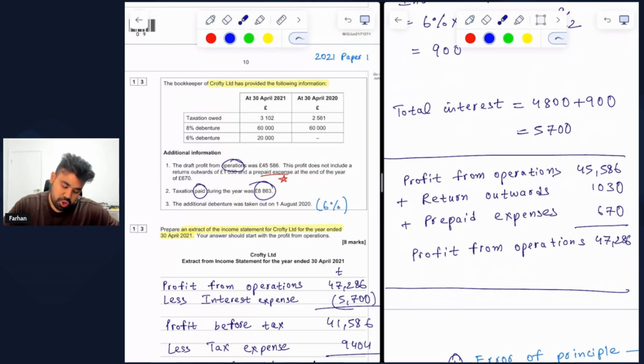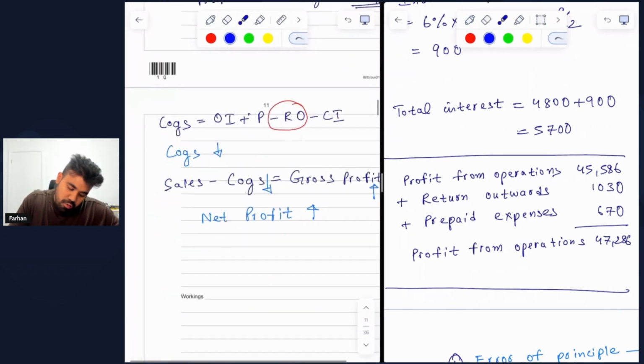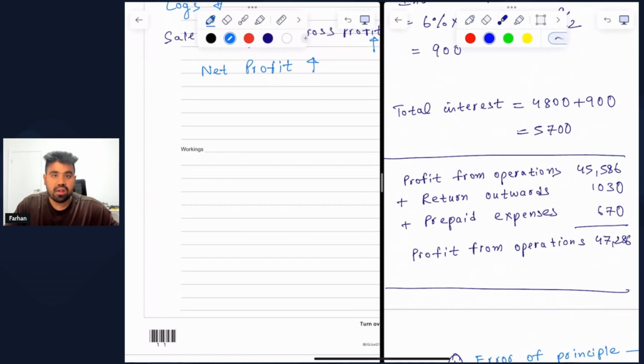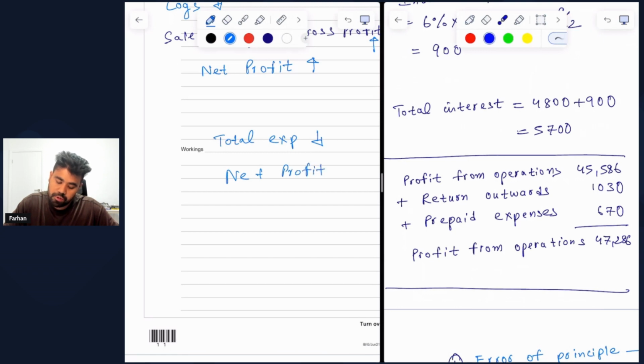So we have to separate this from the profit calculation. Okay. So let me show you what's going to happen here. So we understand that prepaid expense is a current asset. So if we were to remove the prepaid expense from the total expenses, then our total expenses should go down. So if total expenses goes down, then again, profit or net profit should go up. Right.